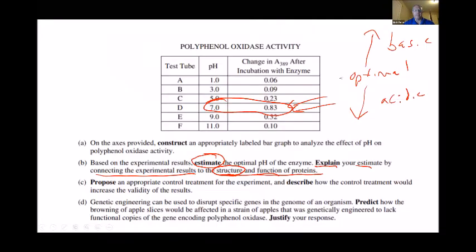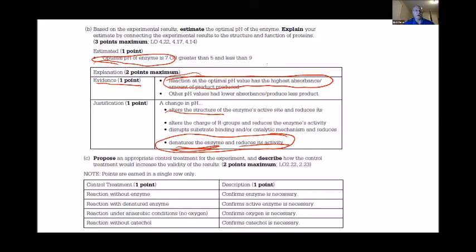So if we go back to our table, we had all these pHs from 1 up to 11, odd numbers, and then we measured absorbance. So as far as the control goes, some of you might say, well, the control ought to be pH 7. But the thing is, we already have pH 7. That's part of our experimental protocol. That's part of our independent variable. So the control here could have been any of these things you see in the list.